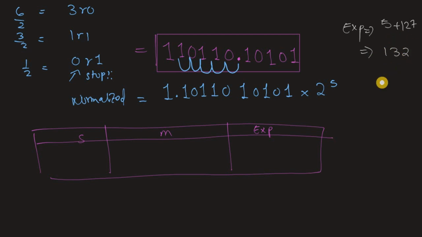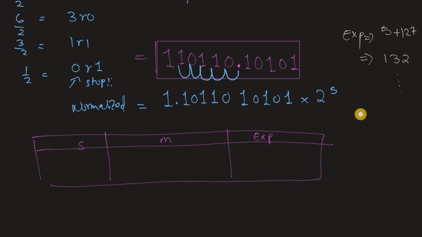And since it's in decimal, we need to convert this into binary. Okay, and this is going to be a long process. So converting this into binary should give you this, which is your answer of 132 in binary.